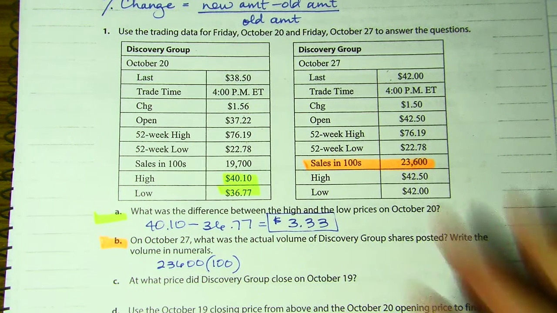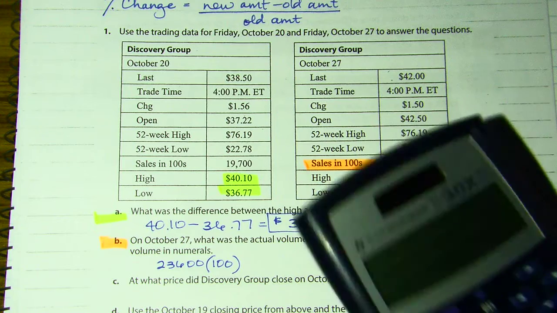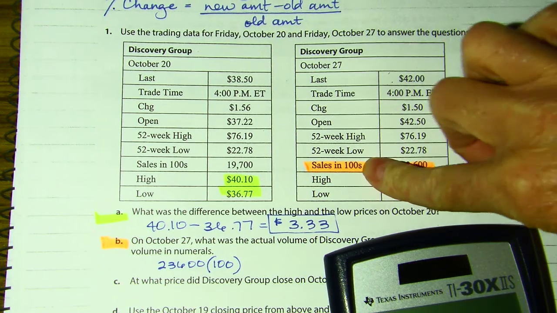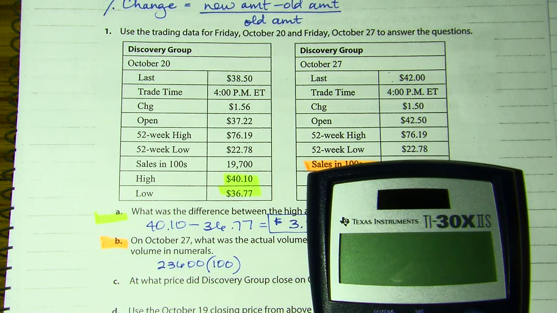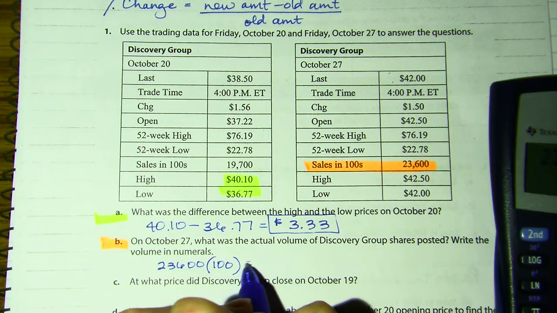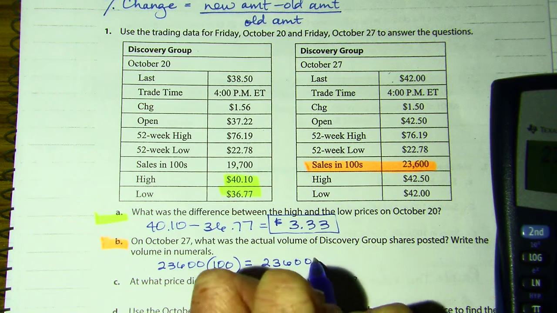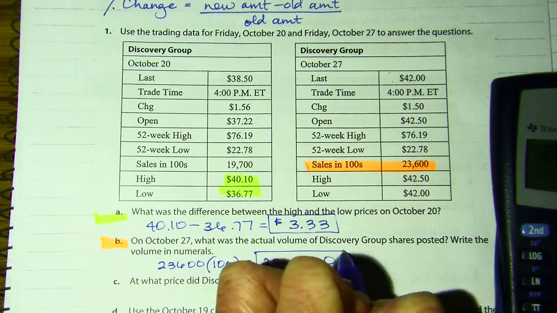And sometimes it'll say sales in 1,000, sales in 10,000, and we'll go over that in more detail. This is shorthand, maybe it doesn't fit in the box. So 23,600 times 100 is 2,360,000, and that represents the number of shares posted.